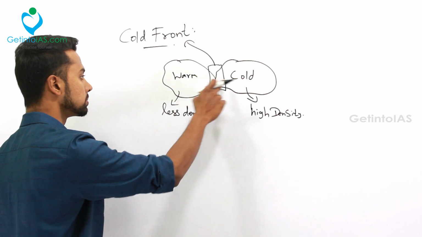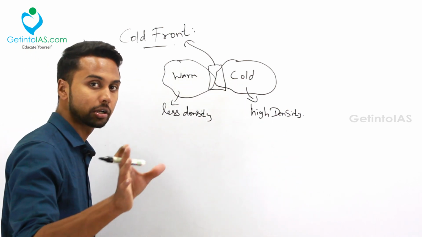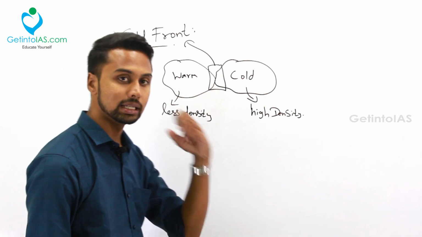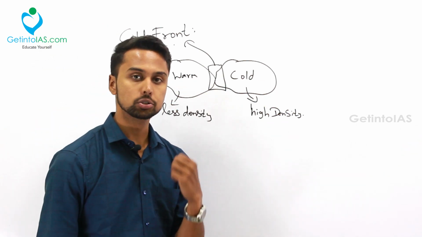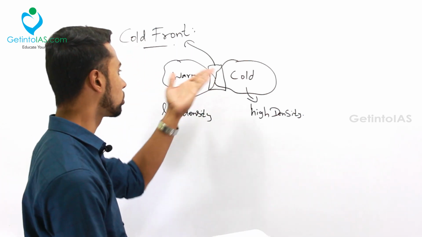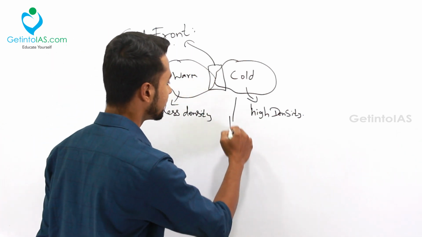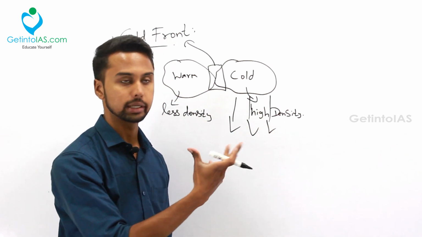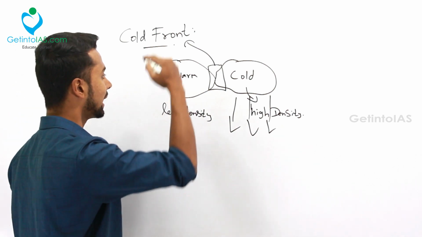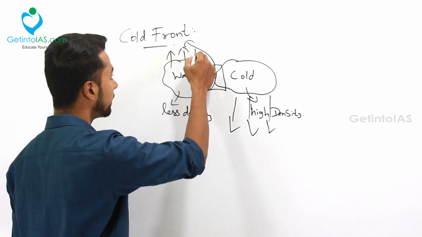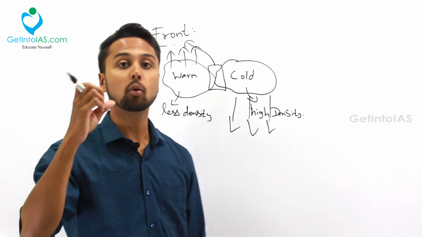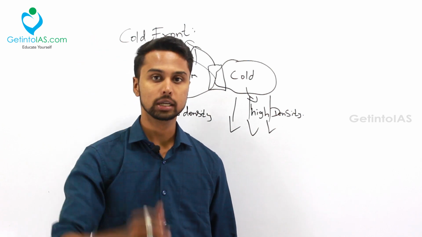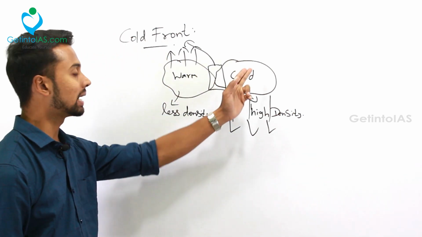So when you place a warm and a cold air mass, the cold air mass has a tendency to go downwards because of the high density. And the warm air mass always has a tendency to rise up because it has less density and more temperature. When there is more temperature, it always rises and expands. So that is the tendency of a warm air mass and a cold air mass.